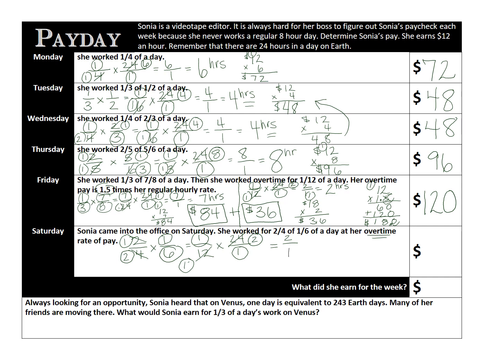So on Saturday, she worked for 2 hours, and she gets paid $18 an hour times 2. Now we already solved this problem up here. 18 times 2 equals 36. So on Saturday, she earned $36.